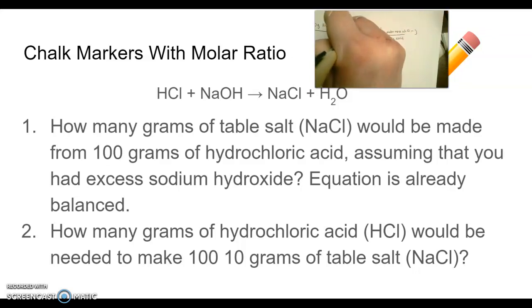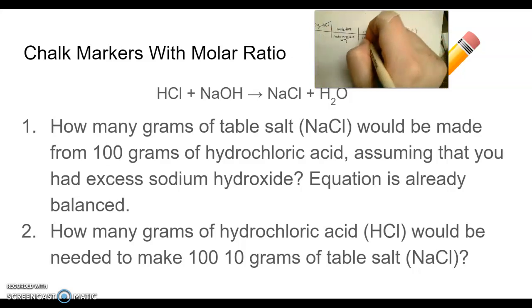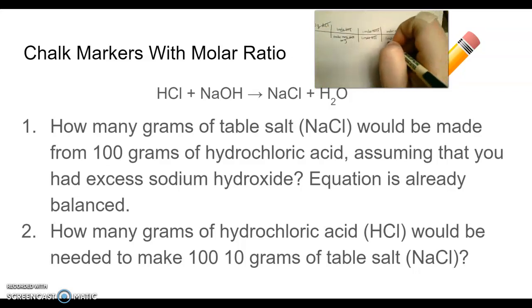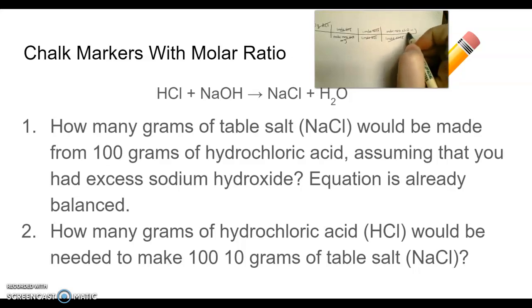I should have said that here in grams. And what's going to happen is the grams of HCl cancel out. And then the moles of HCl cancel out, the mole of NaCl cancels out, and we're left in grams of NaCl. And so this really beautiful, crazy, cool thing has happened where we can take a chemical reaction and actually figure out how much of something we can make given how much we are starting with.